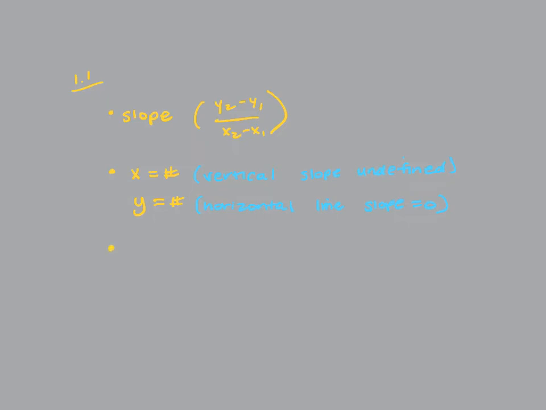Then we had where you're finding the equations of a line, just like on the warm-up. If you're given a point and a slope, or if you're given 2 points and you have to find the slope first. And then also the relationship between parallel and perpendicular.